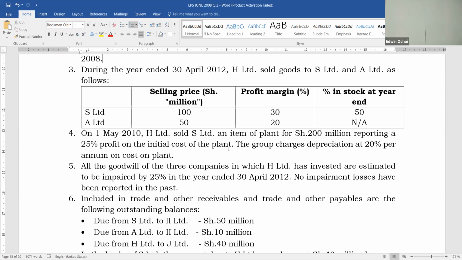Then when S received this fixed asset, again he charged depreciation. So both of them have charged depreciation on this asset, which means they have overstated the depreciation. They have done a depreciation overcharge. So again, that must be computed and adjusted accordingly.